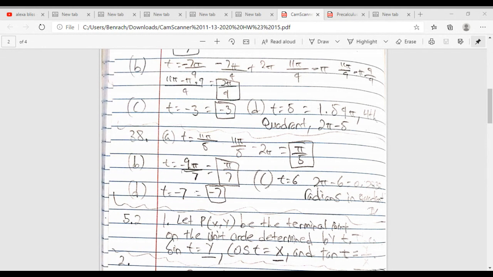So can you try to figure out which quadrant this angle ends in? For minus 9 over 7 pi. So if it's clockwise, would that be somewhere on the right? We have 4 quadrants: first, second, third, and fourth quadrant. So wouldn't that be in the fourth or something?